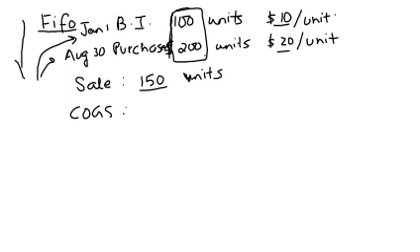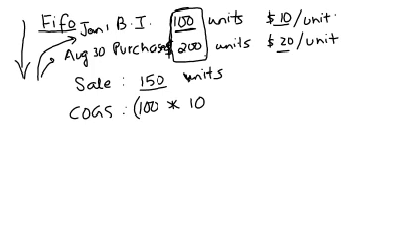The first in first out is a top-down approach where you start with what is first there in the inventory. So 100 units was there first, and that gets out first of the door. So 100 units, that was the oldest, gets out of the door first at $10. And remember, this is a costing assumption.